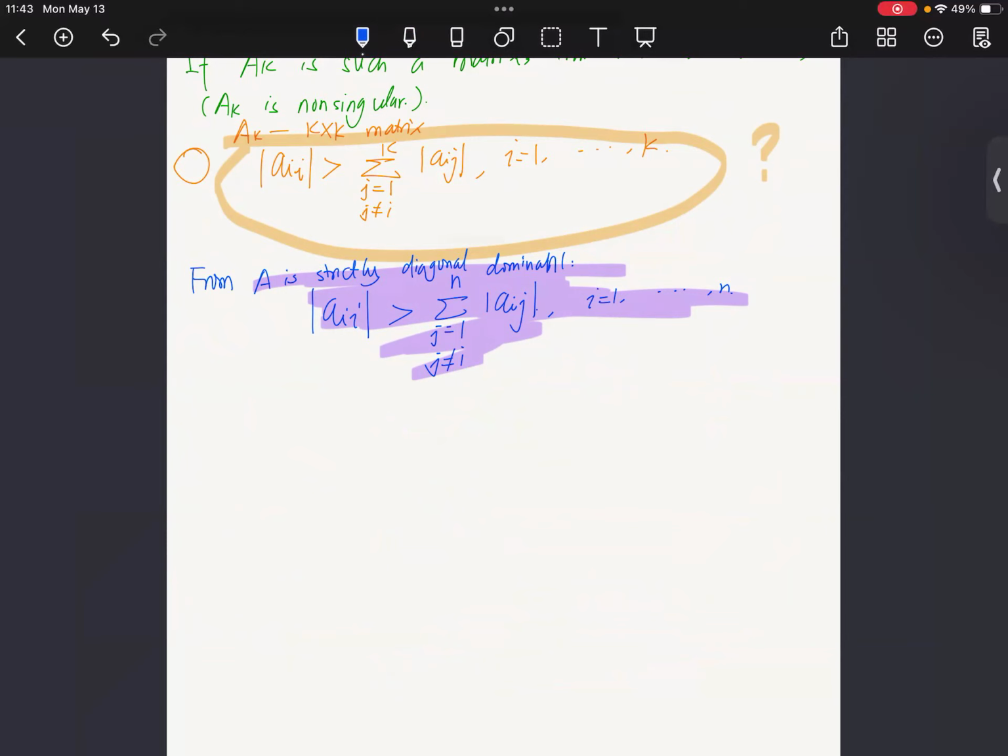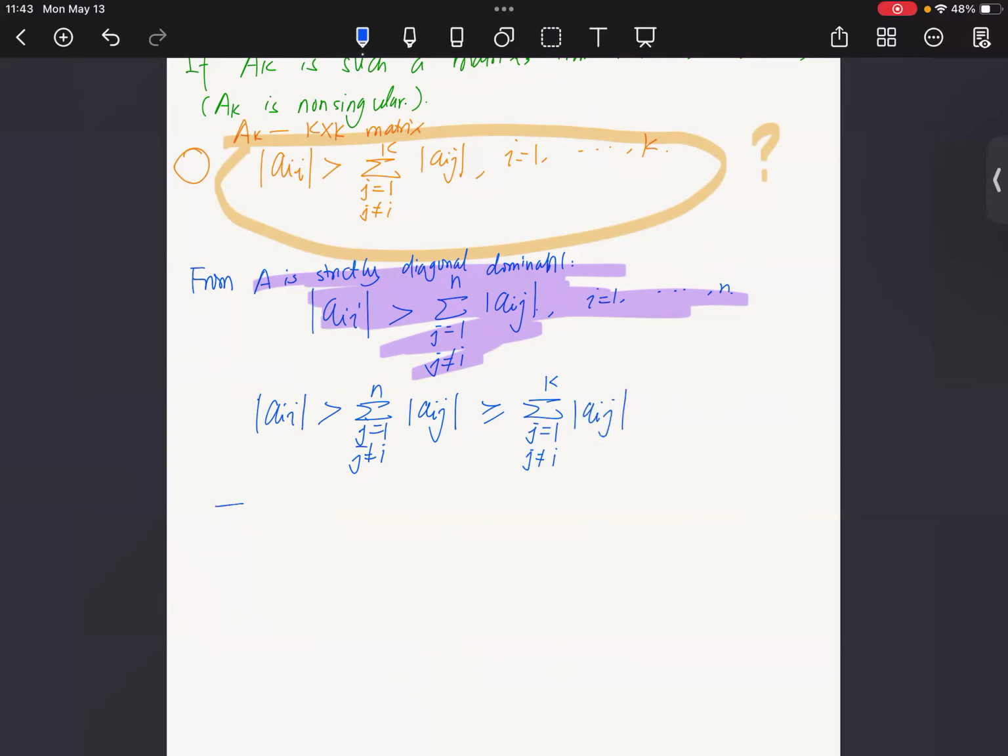We have the calculation here: |a_ii| is bigger than the sum over j equals 1 to n, j not equal to i, of |a_ij|. One important thing here is the absolute value, which means that it's bigger than or equal to the sum where we can drop some terms and just add up to k, with j not equal to i.